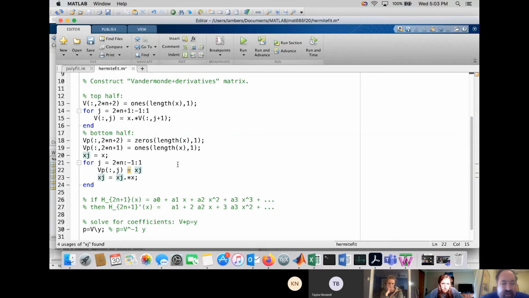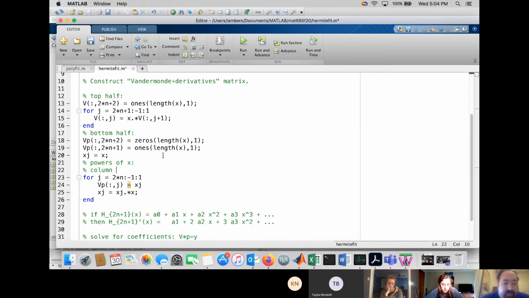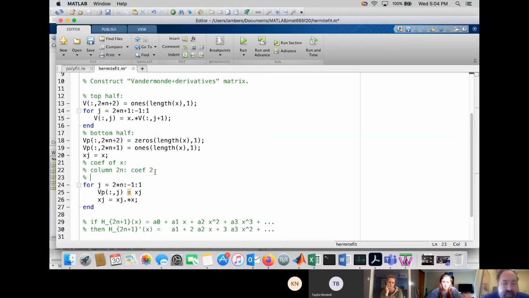Well, I can look at some examples. Column 2n, the coefficient of x is equal to 2.